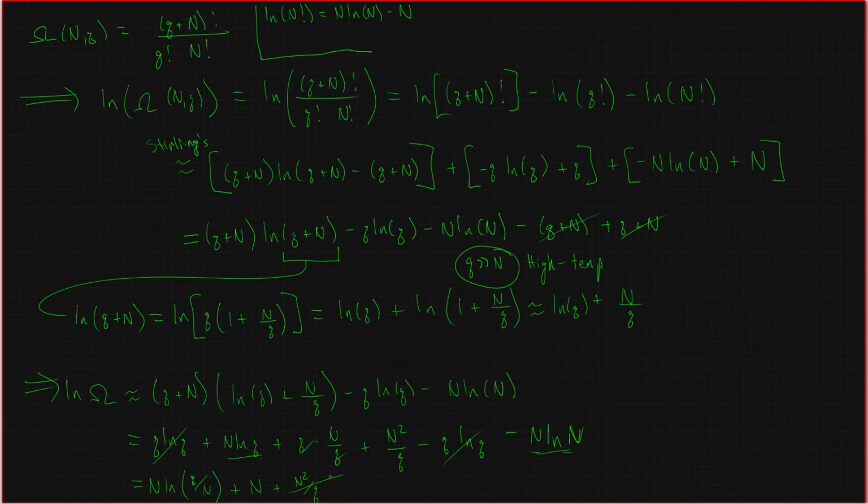All right, so move into the next page. We have that in all, ln of omega is equal to n times the natural log of q over n plus n. Now we can just exponentiate to get back to the actual multiplicity rather than just the log of the multiplicity.